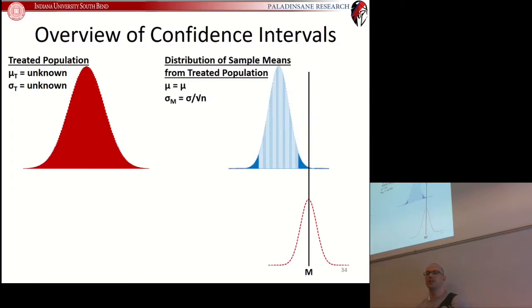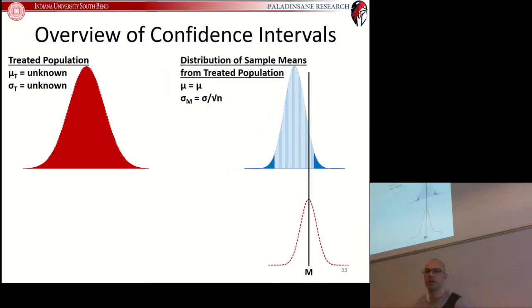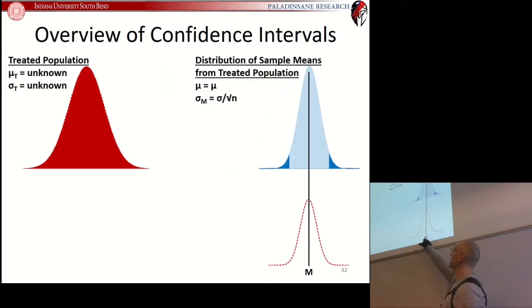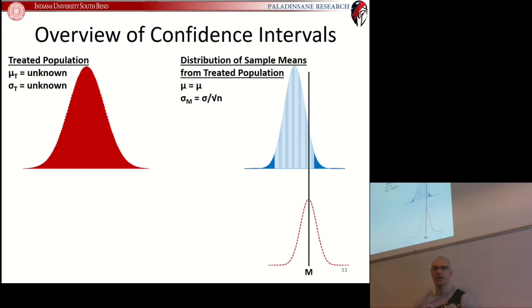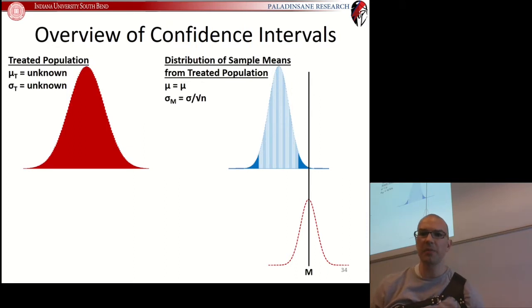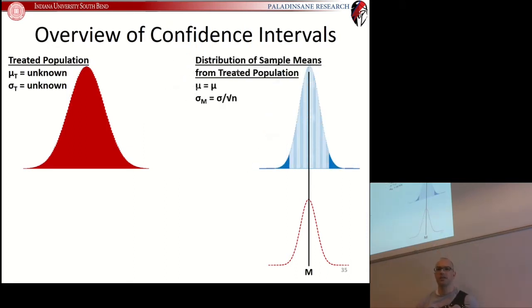Maybe we even got an extremely rare sample from our treated population. If this is the case, then our sample mean would be a good estimate for the population mean. But if this is the case, then our sample mean is going to overestimate the population mean. And if this is the case, then our sample mean is really going to overestimate the population mean. And the same thing can happen in the opposite direction.